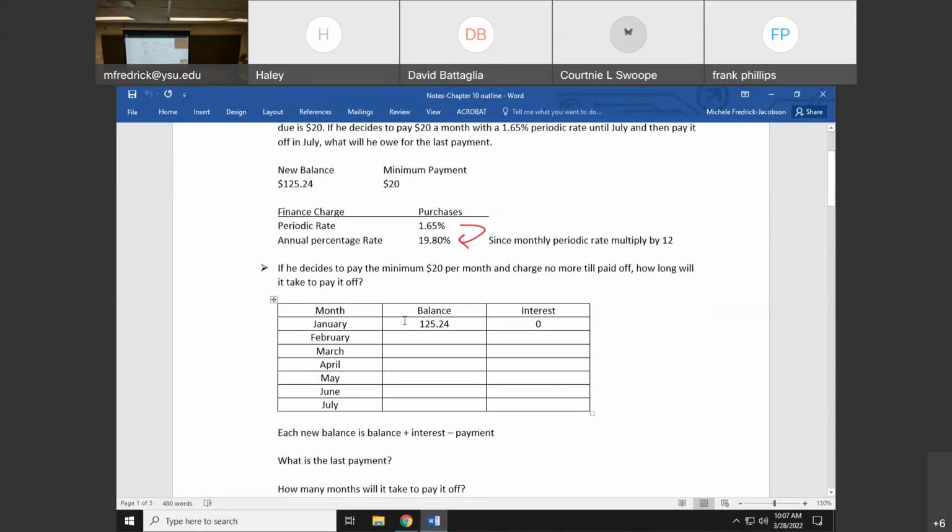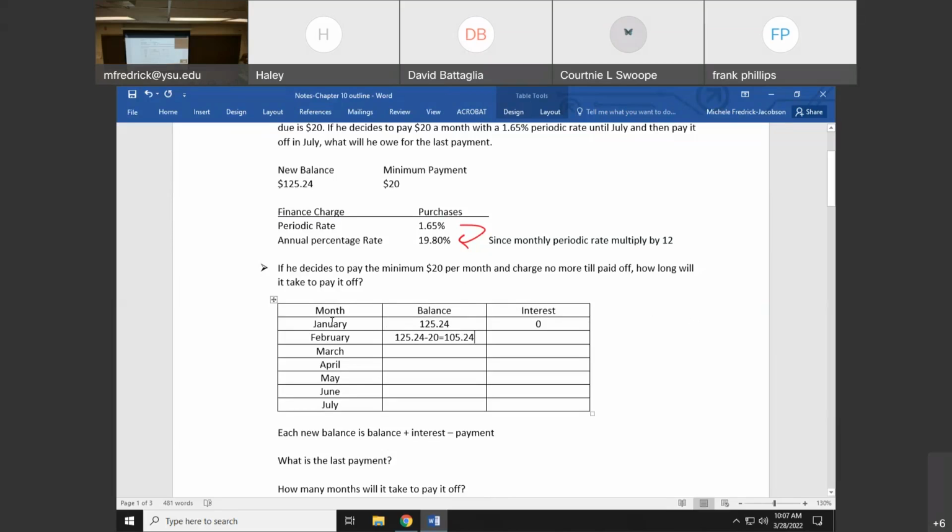So we get this credit card statement and the minimum payment is only $20. So he's going to pay $20. That means his current balance is $105.24. Now, when you're talking about the interest that you owe, it's only on what you left on the balance.